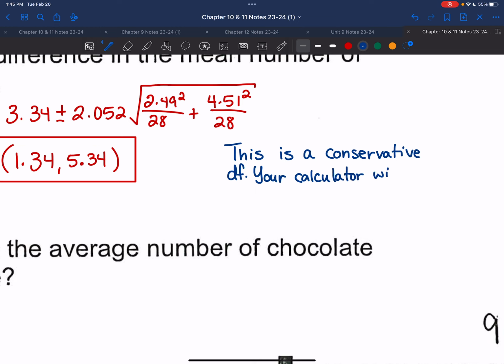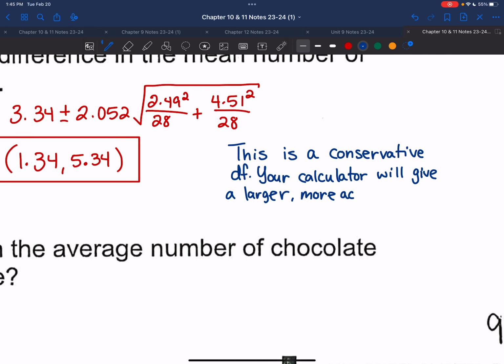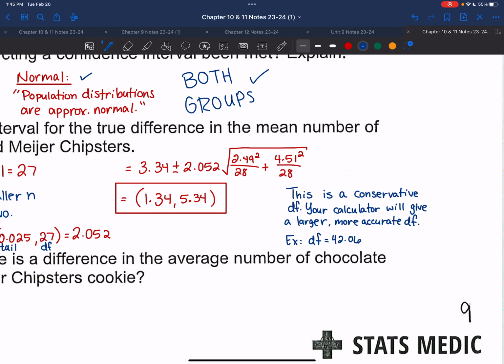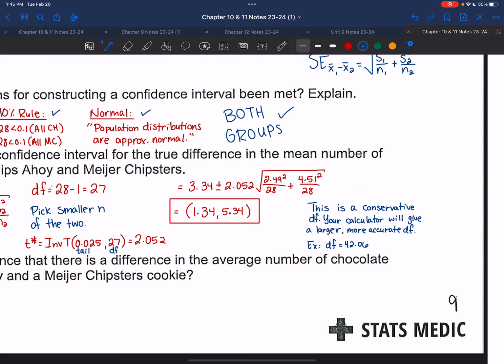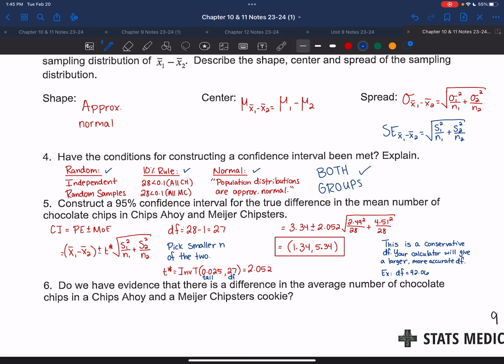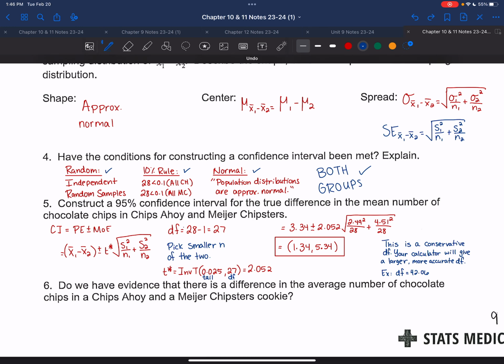Your calculator will give a larger, more accurate DF. For example, on this one, the calculator will give you a DF of 42.06. It uses a much larger formula to do that, something that you don't really want to do by hand, even if you knew the formula. It's a very, very long process. But for the sake of ours, when we're having to do it by hand, this 27 is perfectly fine.